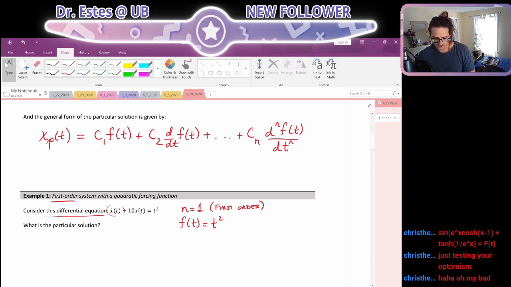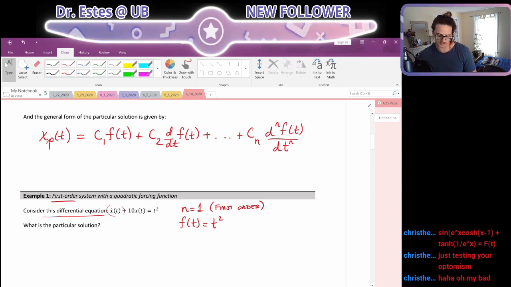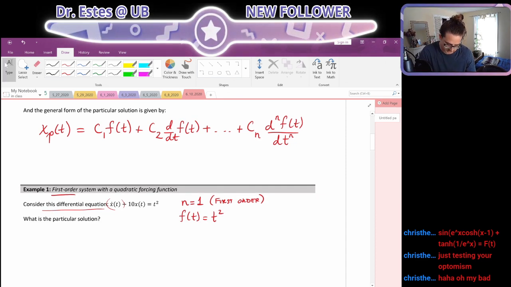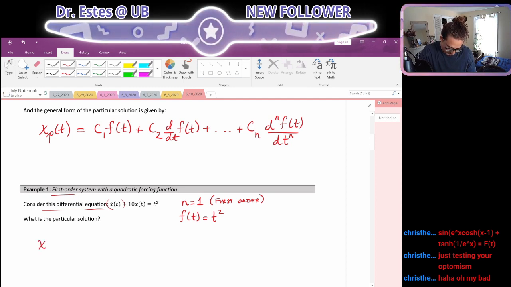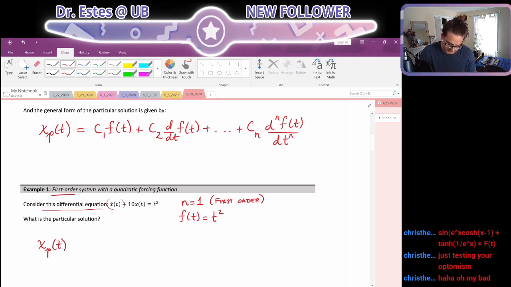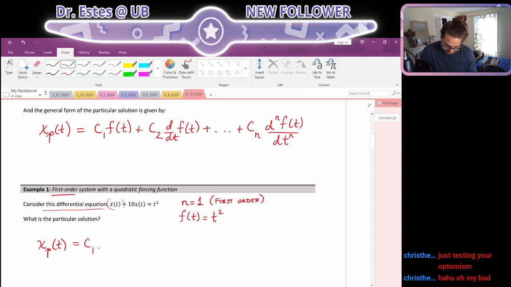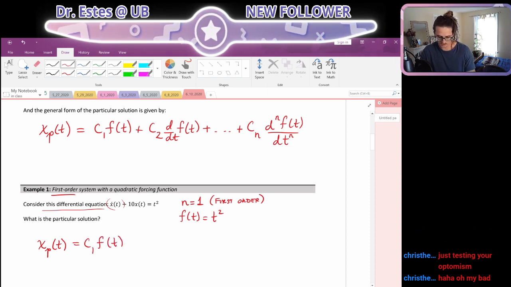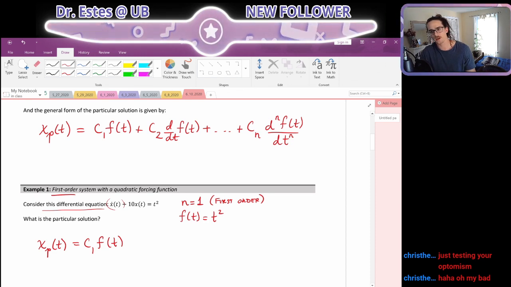All right, so what is the particular solution in this case? Well, let's use this general form up above as a template. So it's going to be C1 f of t, and then we go all the way down to the nth derivative.